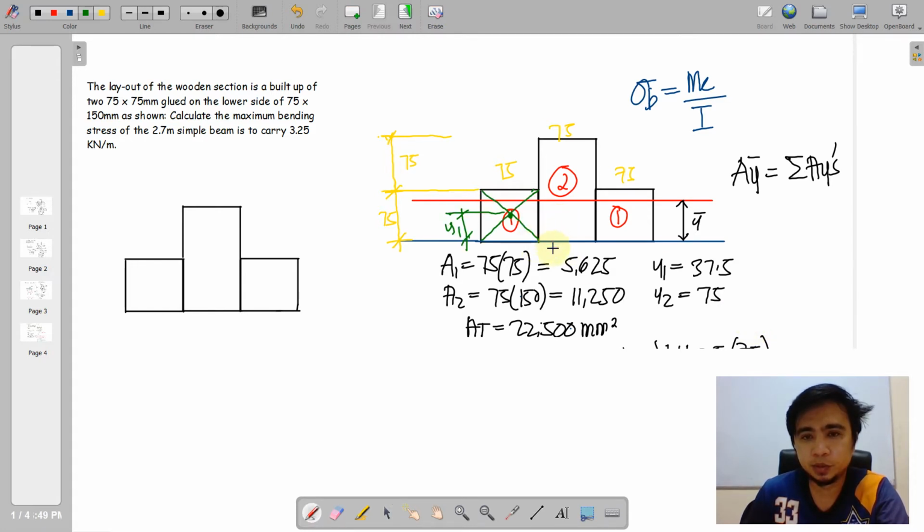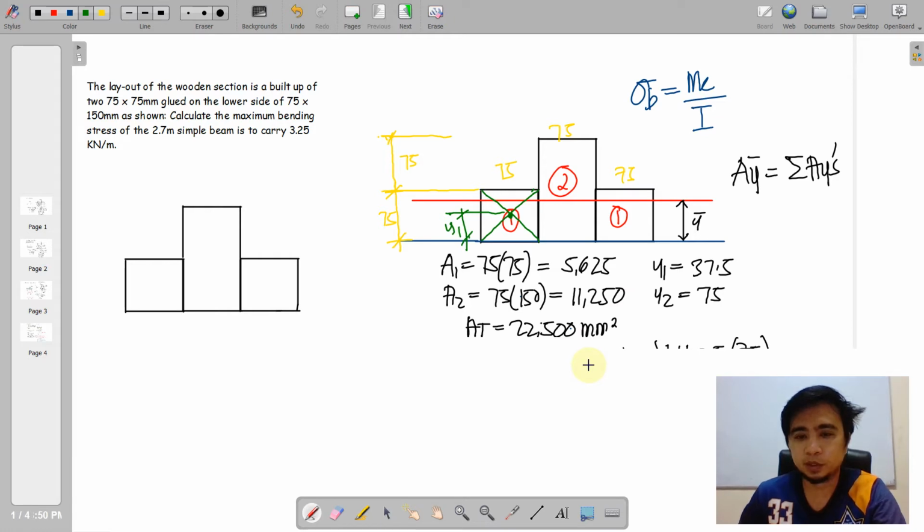For area 2, we have 75 by 150, which is equal to 11,250, and y2 as well is just half of the height, or 75. For the total area, we multiply area 1 by 2, which gives 11,250, and the total area is equal to 22,500 millimeters squared.